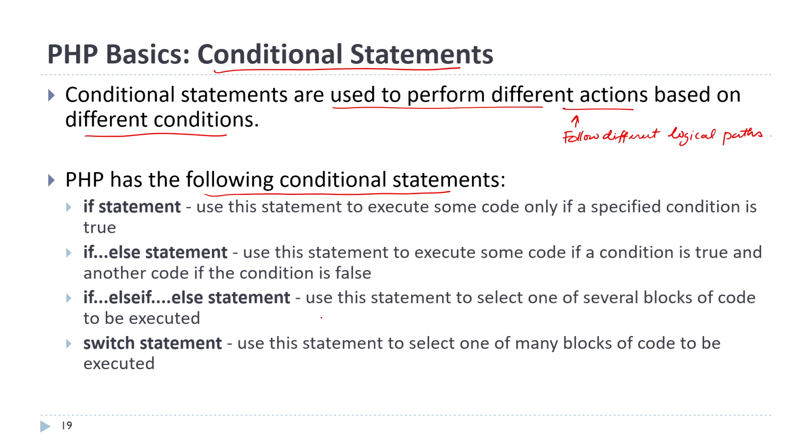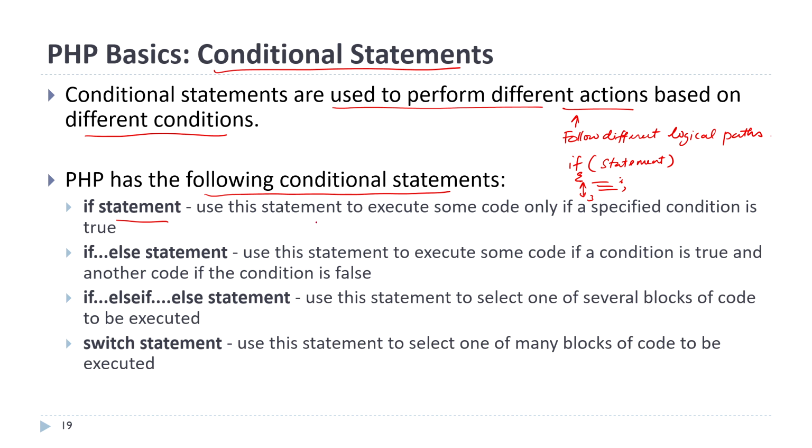The number one is called the if statement. So, if you write an if statement and then you give a set of stuff here, if this statement is true, only then these conditions will be executed, otherwise it will not execute. Another one is the if else statement.